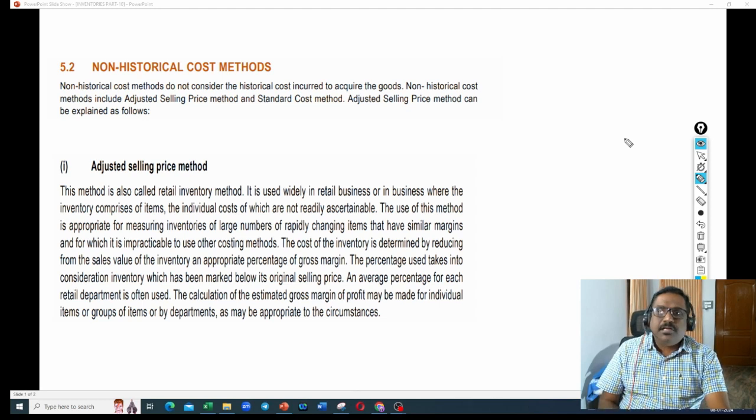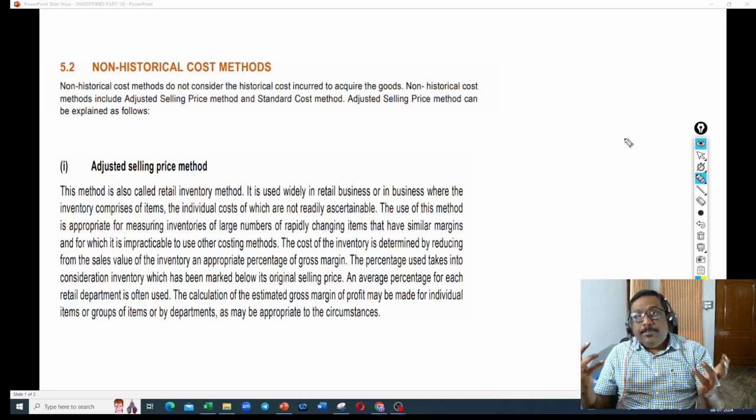But in non-historic methods, we cannot use historic prices. Why can you not use historic prices? That is an important point. Because these non-historic cost methods are applicable for retail people. Retail people manage multiple products. Go to a supermarket.